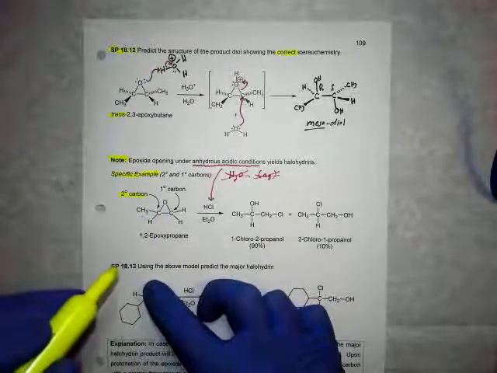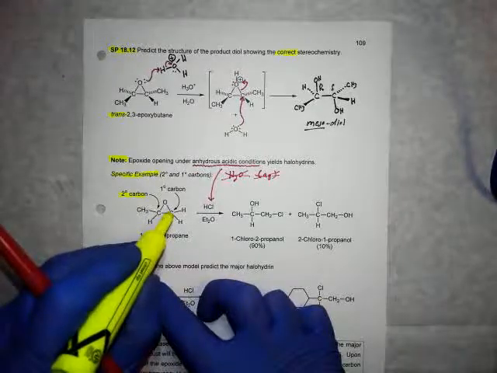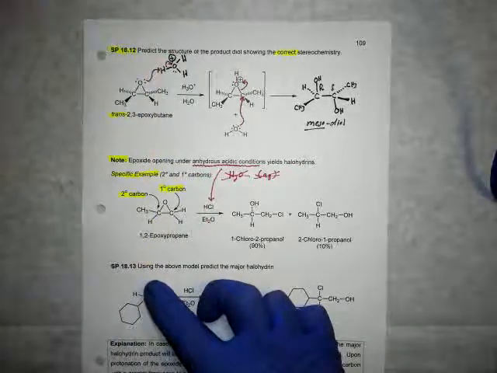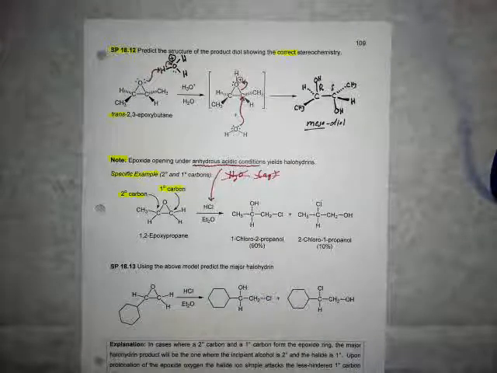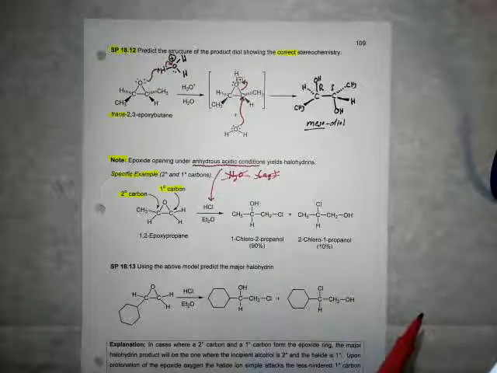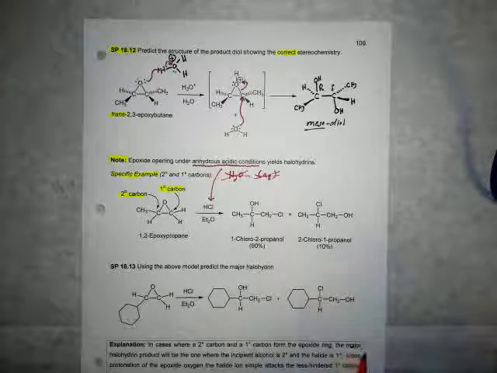Look at that carbon, part of a methylene. How many carbons are attached directly to it? 1. So this is a primary carbon. Now why is that integral? Because that's going to determine where the OH ends up and where the Cl ends up. I'm going to show you that in the mechanism in a moment.